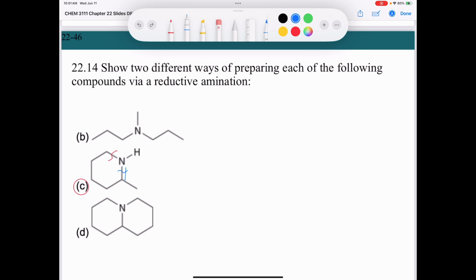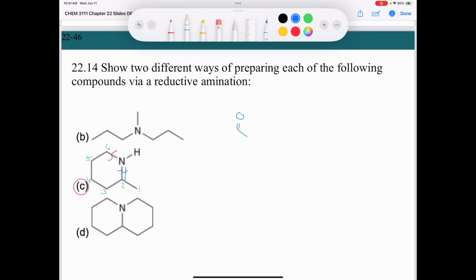Now we're making a secondary amine, so that means we're going to start with a primary amine. And just to make things simpler for me, I'm going to count my carbons here. Maybe I'll use the green pen for this. So 1, 2, 3, 4, 5, 6. And then the nitrogen is going to be the 7th atom in that string of atoms, so to speak. So I'll use my blue pen here and we'll say we're going to have our carbonyl.